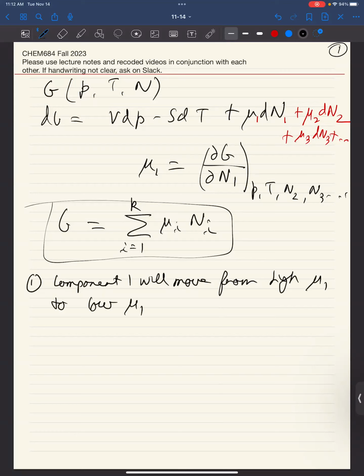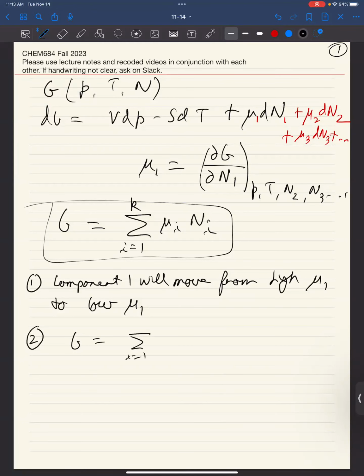If you have high chemical potential somewhere, it will move from there to low chemical potential until the chemical potential becomes equal. Chemical potential equal does not mean that component 1 is not moving. What it means is that on an average, it is moving the same from A to B. So on an average, there is no flux now. It balances out, right?